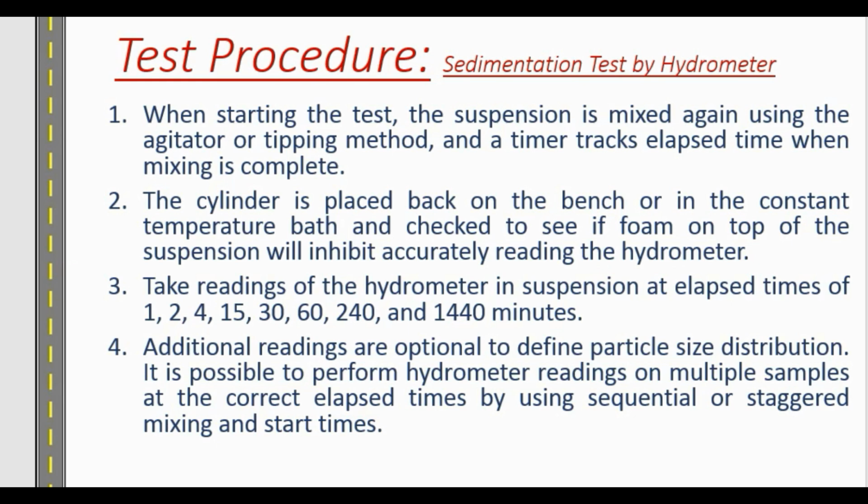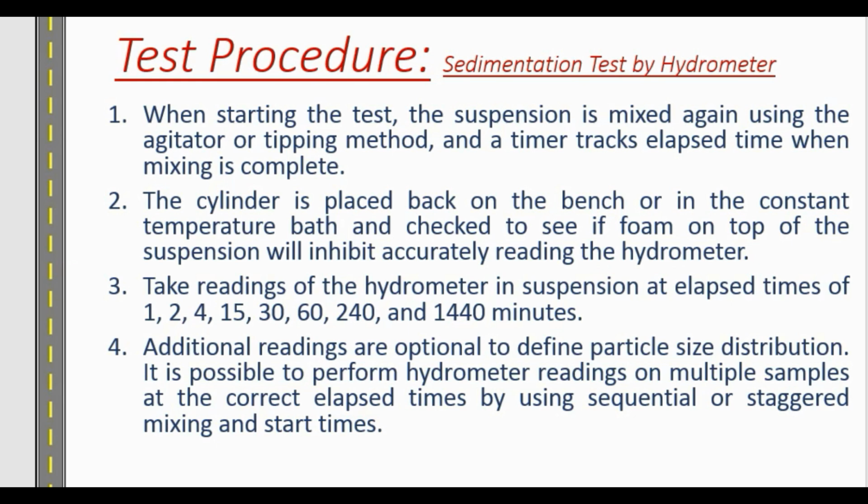Then we will shake the sample as discussed, by air jet, tipping method or manual method, whichever is suitable. Then the cylinder is placed back on the bench or in a constant temperature bath if available, and check to see if foam on the top of the suspension will inhibit accurately reading the hydrometer.